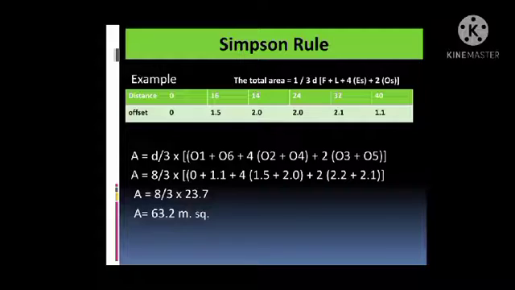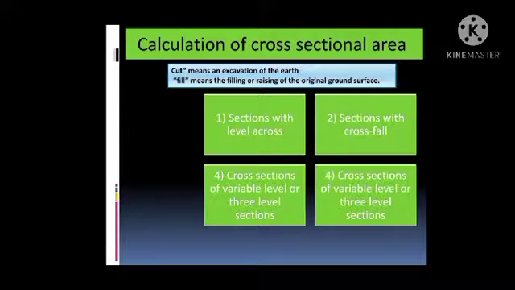A is equal to 8 upon 3 into (0 plus 1.1 plus 4(1.5 plus 2.0) plus 2(2.2 plus 2.1)). A is equal to 8 upon 3 into 23.7. A is equal to 63.2 meter square.